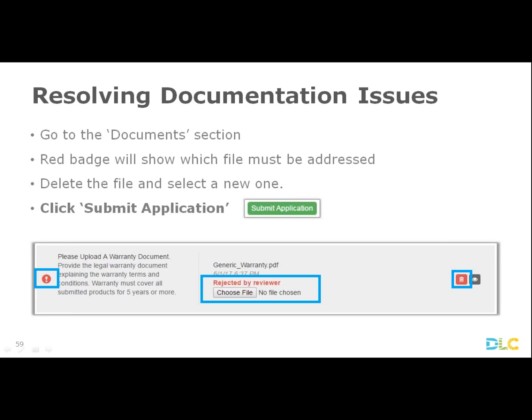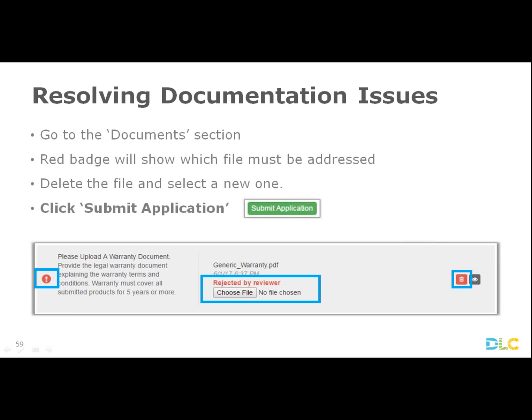If a document has been marked invalid and you go to the Documents tab, you can see that the icon on the left-hand side changes to a red exclamation mark. You will have to choose the file and replace whatever was marked invalid, and that's the same process as if you were uploading for the first time. Please make sure to resubmit the application.